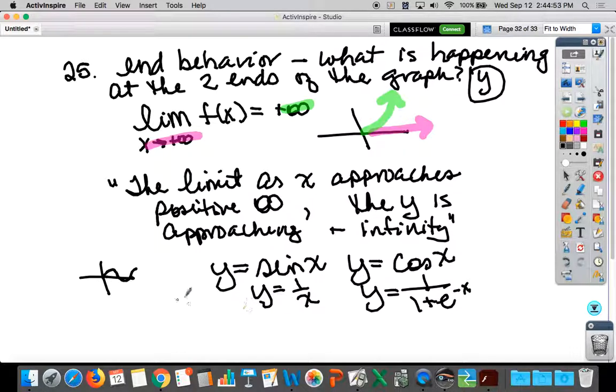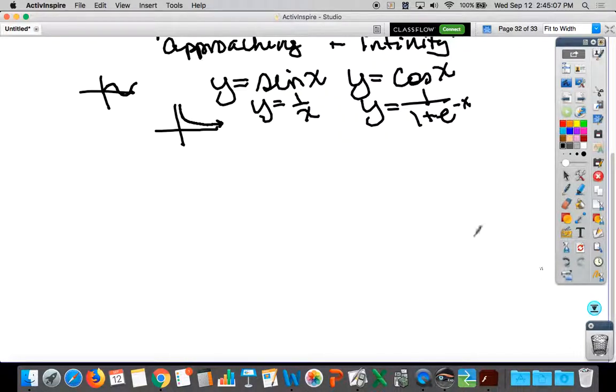The reason why this isn't one is because as x is going to positive, this is approaching a horizontal asymptote. So this is not one. The reciprocal function is not one because my y is approaching this horizontal asymptote, y equals 0. It's not approaching positive infinity. And the same thing for this one.